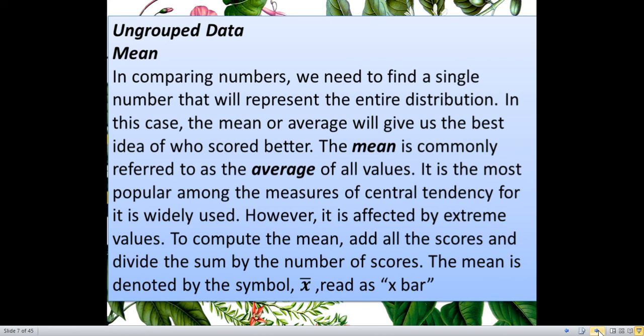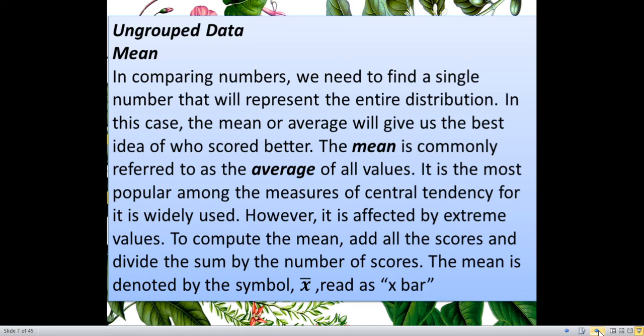The mean is commonly referred to as the average of all values, and it is the most popular among the measures of central tendency, for it is widely used. However, it is affected by the extreme values.